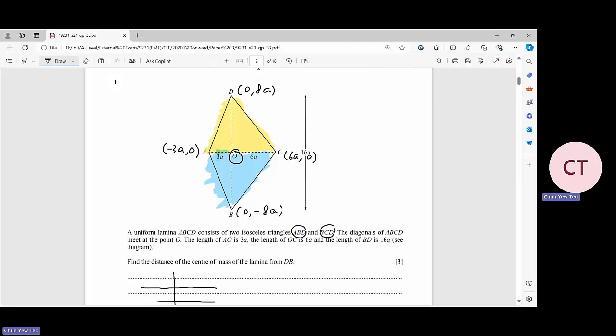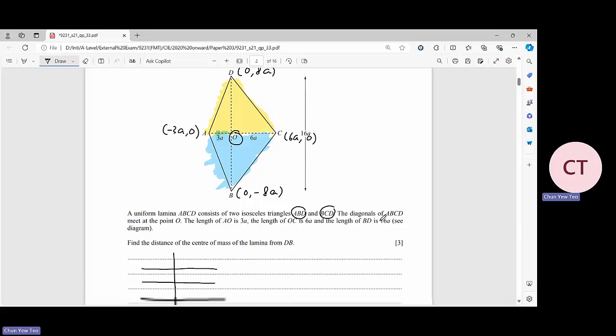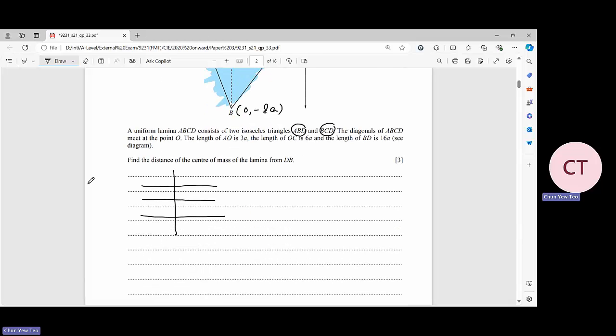If I consider the triangles ADC and ABC, I have ADC and I have ABC. Combined together, I have ABCD. Since they are the same material, using the area will do.